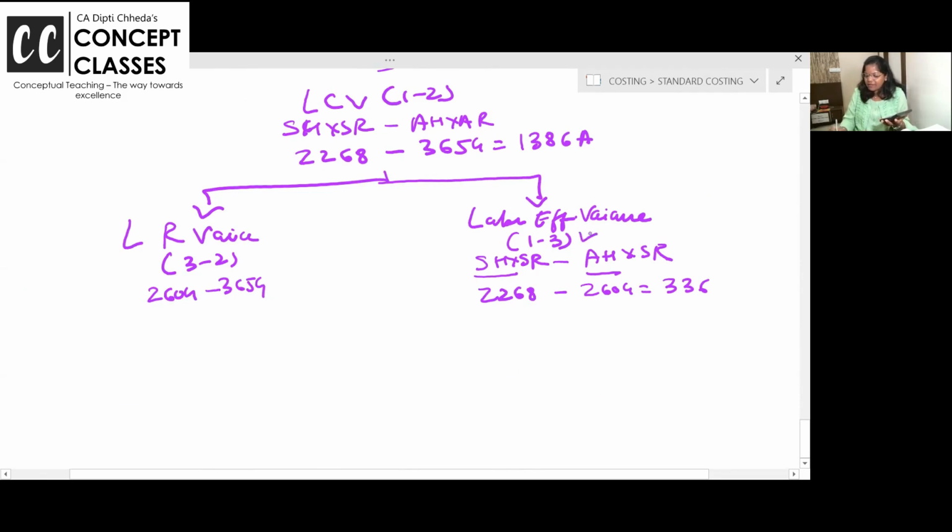Here is 3, here is 2. 2604 minus 3654 is 1050 adverse. And do the total: 1050 plus 336. 1386 has come.